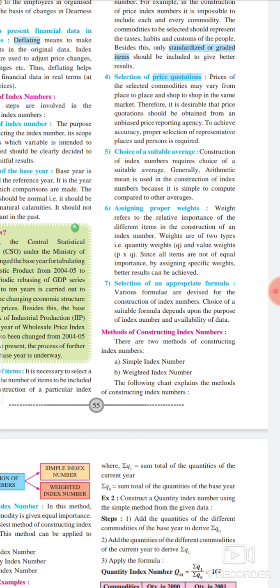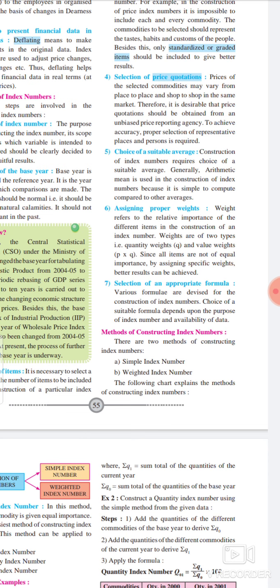Sometimes the price of the selected commodities may vary from place to place and shop to shop in the same market. Therefore, it is desirable that price quotation should be obtained from unbiased price reporting agencies.